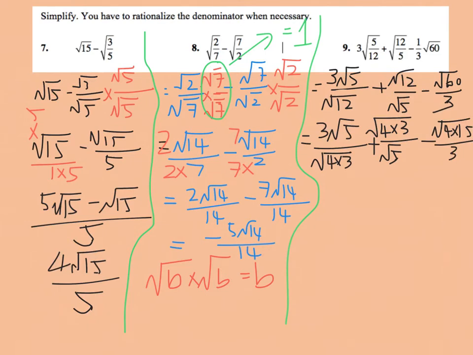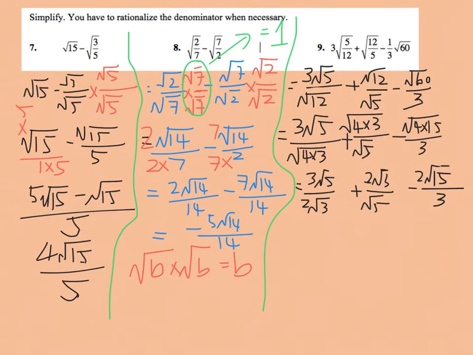And we can see that the next step, I can rewrite it as 3 root 5 over 2 root 3 plus 2 root 3 over root 5 and minus 2 root 15 over 3.